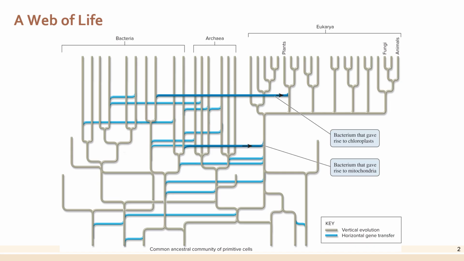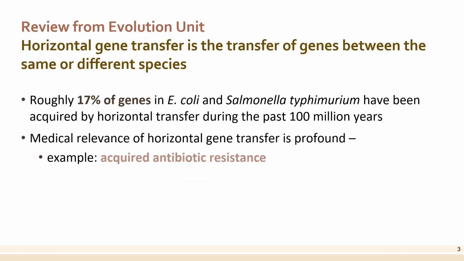This one here indicates the transfer of the chloroplast. This one here is the transfer of the mitochondria, but you can see that there are other genes that have been transferred across and have been important in the evolution of each of these groups.